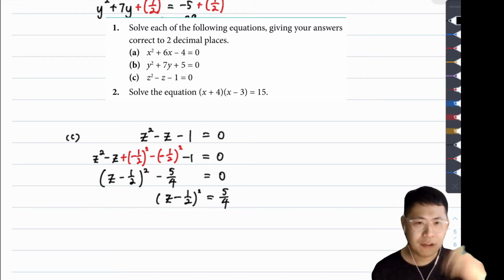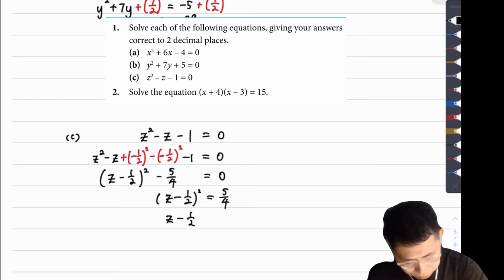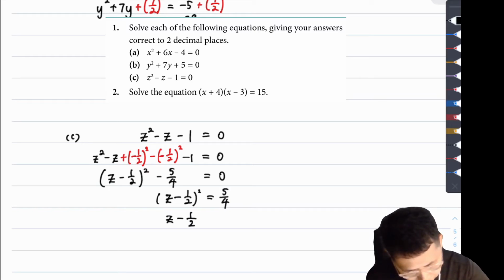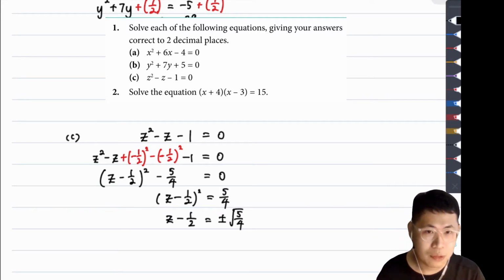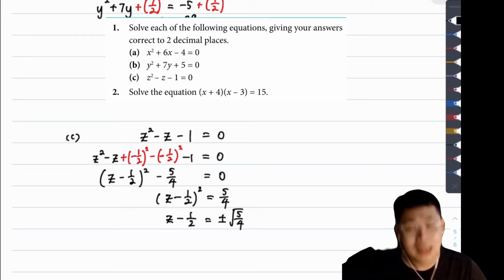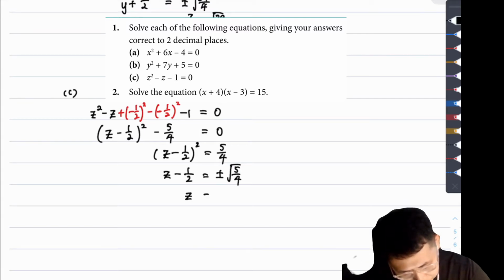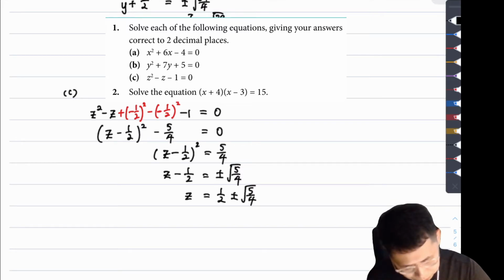Then I remove one by one. So z minus half is equal to plus minus square root of 5 over 4. Remember, when you take the square root, when you reverse the square, you need to have both plus and minus values. Then we have z equals half plus minus this.